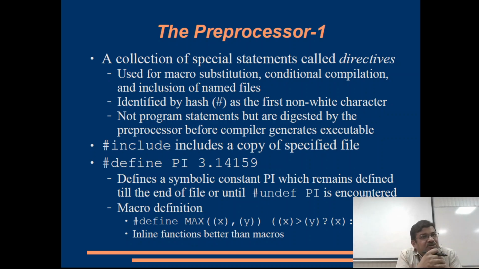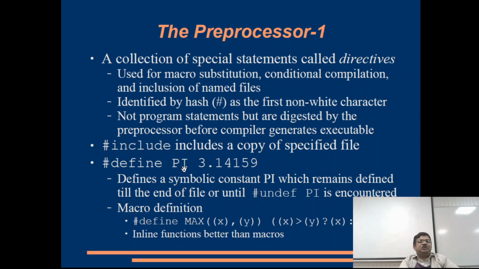Similarly, we can use symbolic constants. For example, instead of having these magic numbers scattered all through the code, just as an example, we write here 3.14159. That's the value of pi. So instead of writing 3.14159, the code is much more readable if I write it as pi. So the meaning is obviously very clear.